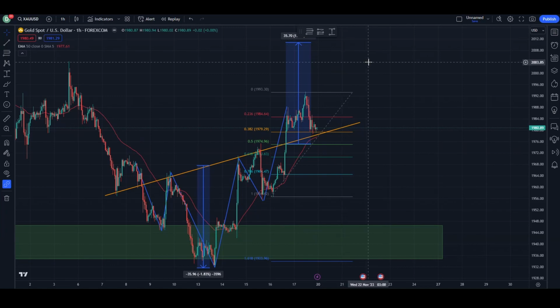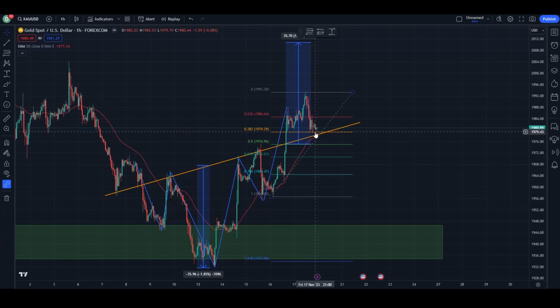The thing to look out for over here would be how the price is going to react around those levels which are crossing right over here in this region. You're having the neckline, the 0.382 Fibonacci retracement, and the 50 exponential moving average. The development in this region is going to be very important for the short-term development in the price.